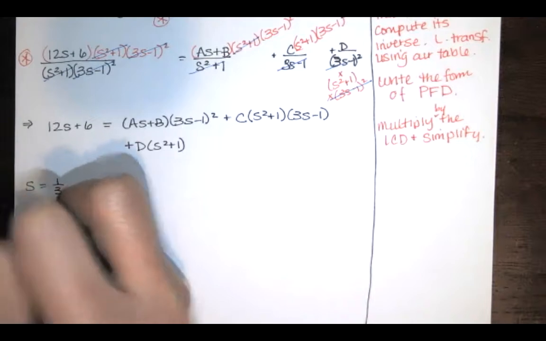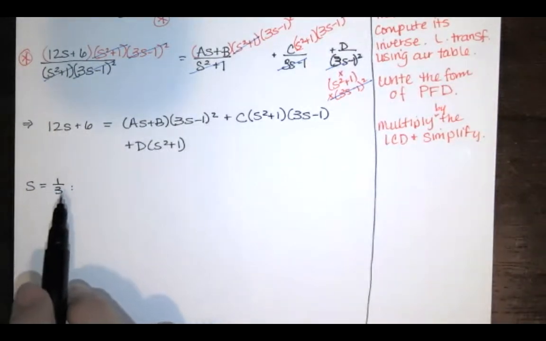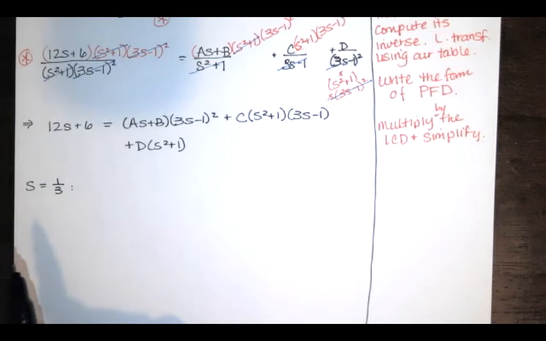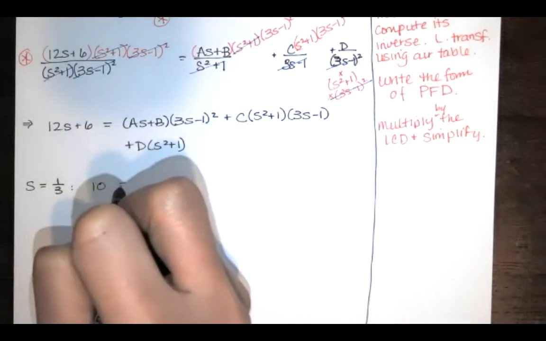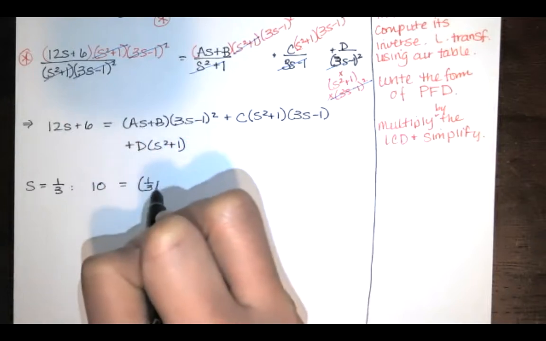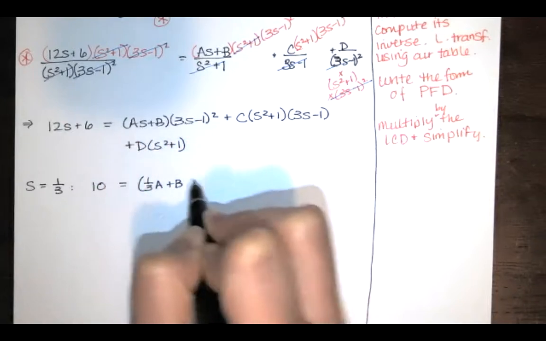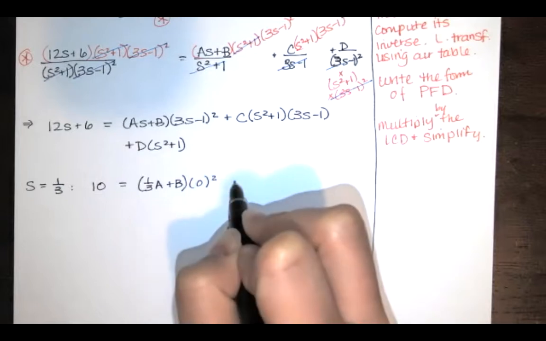So I will substitute s equals 1/3 on both sides here. When s is equal to 1/3, we have 12 times 1/3. 1/3 of 12 is 4. 4 plus 6 is 10. And then over here, we'll have 1/3 times A plus B. Oh, and if s is equal to 1/3, that's going to be 0.